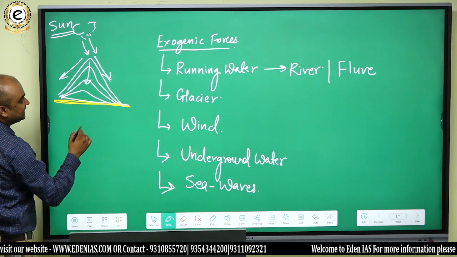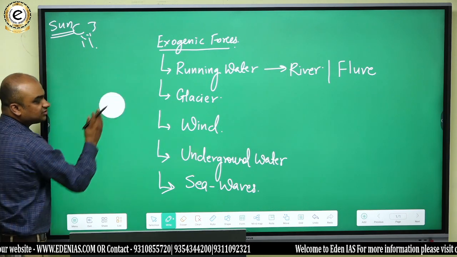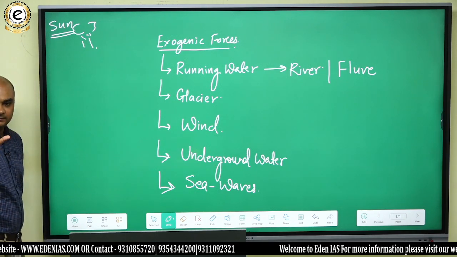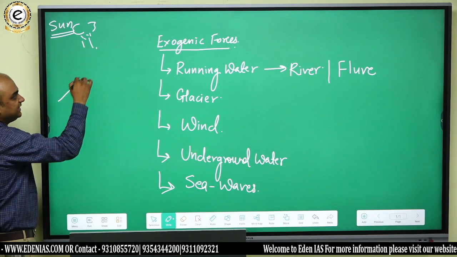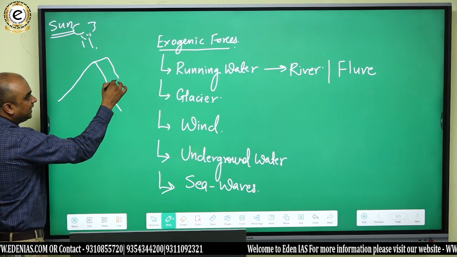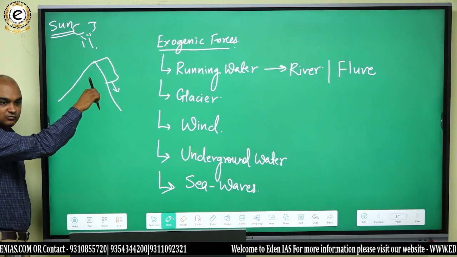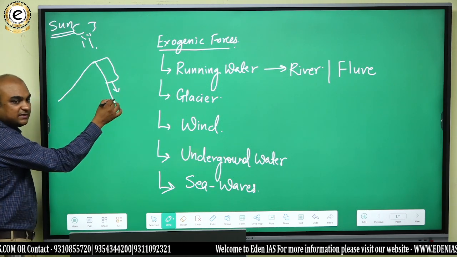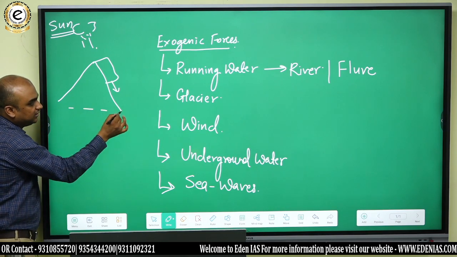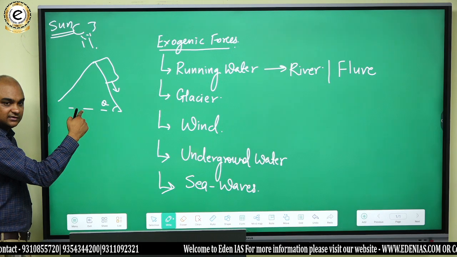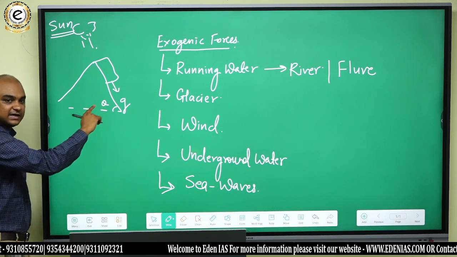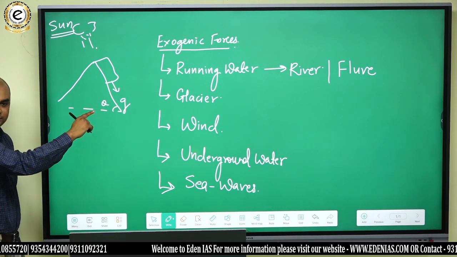What is a glacier? A glacier is a solid body of ice, three-dimensional body of ice, and glaciers, they creep down a slope. They start moving down a slope, and this creeping is dependent upon the gradient, because gradient has a direct relationship with gravity. Do you get that?